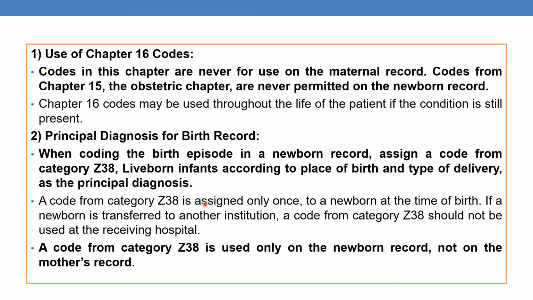And the code from Z38 is assigned only once to the newborn at the time of birth. If the newborn is transferred to another institution, a code from the category Z38 should not be used at the receiving hospital. It should be coded only once, at the time of birth.